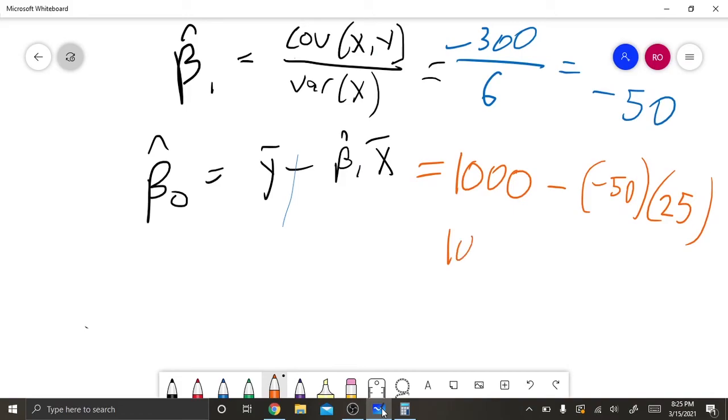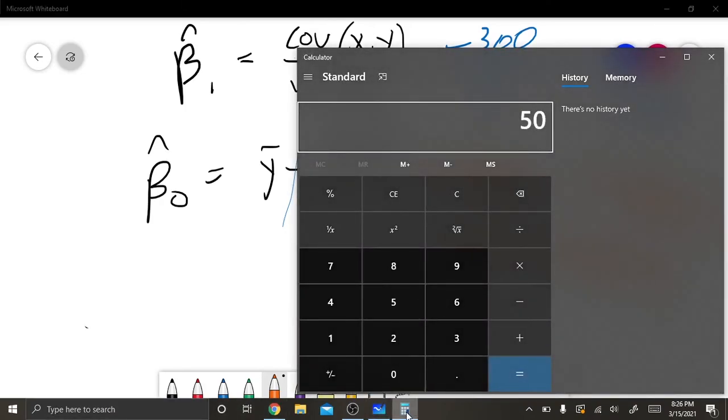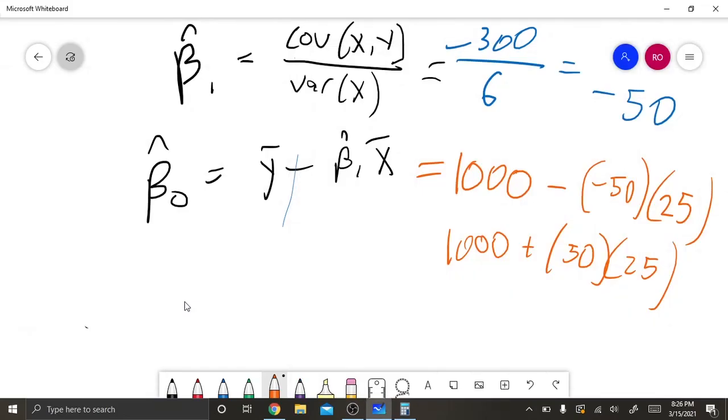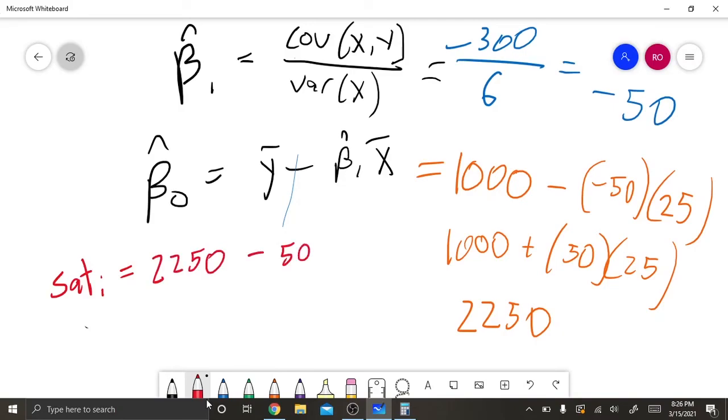Simplify this: 1000 plus 50 times 25. 50 times 25 is 1250, so we've got 1000 plus 1250, or 2250, is equal to beta naught. So now we can write out our expression for the regression line: SAT sub i is equal to 2250 minus 50 times ratio i.